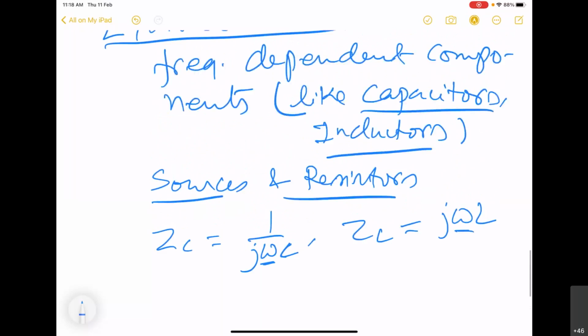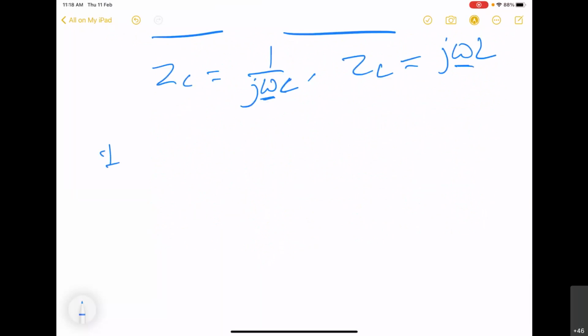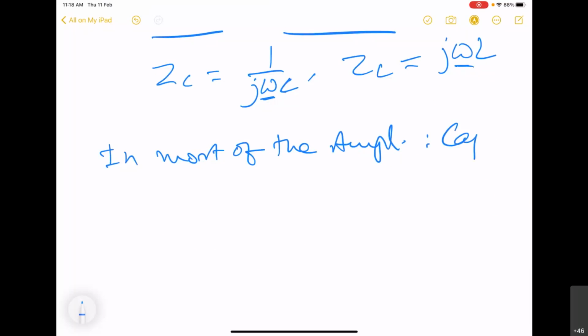So we see that these capacitors and inductors are responsible in real life. In most of the amplifiers, it is the capacitor which will be responsible for introducing the frequency dependency.